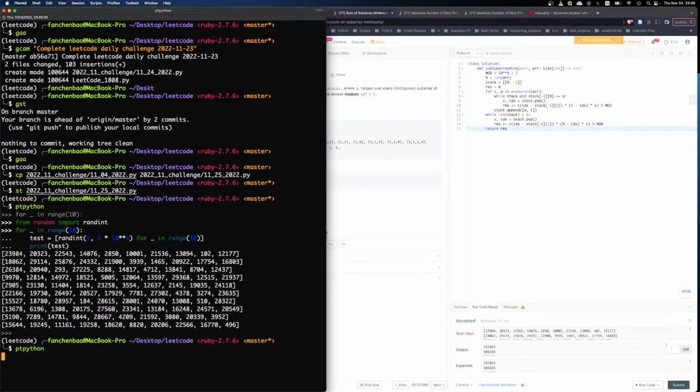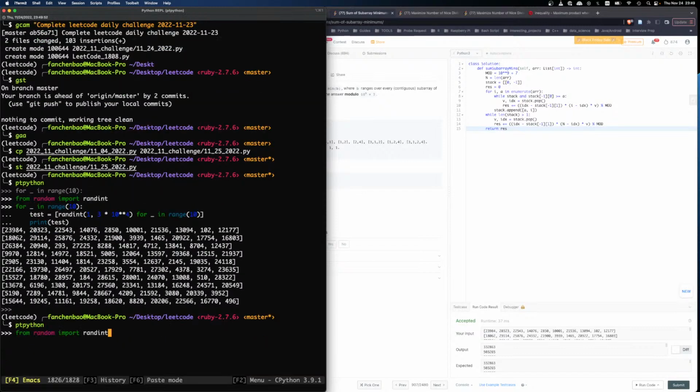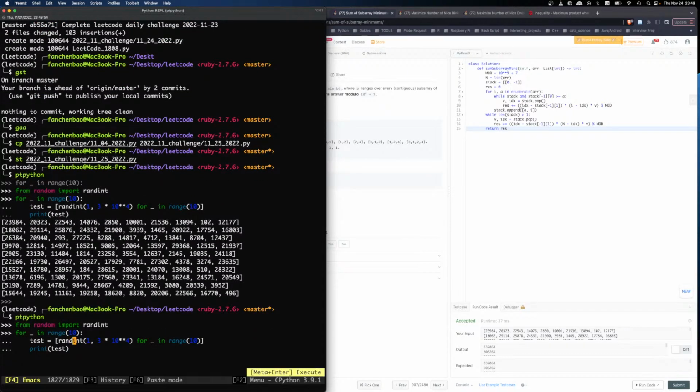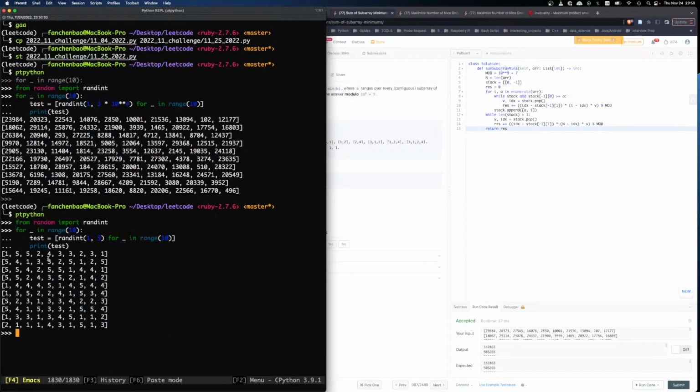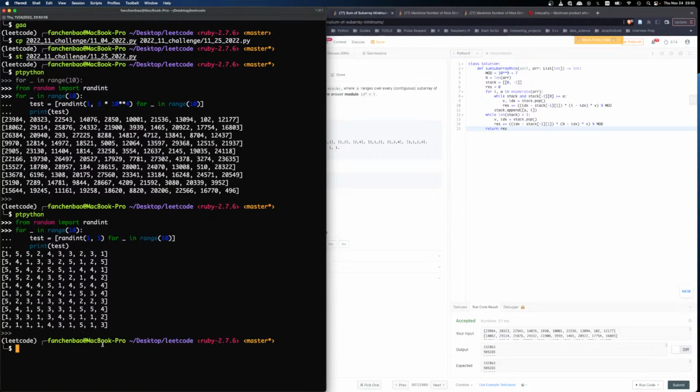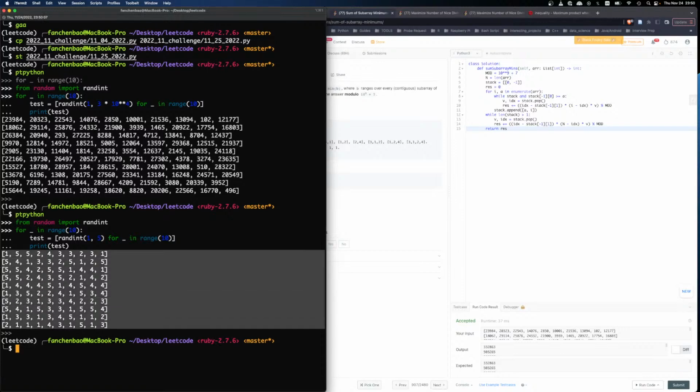But I also want this to be small, 1 to 5. Okay, so the purpose is to create some repeats, which is also important.